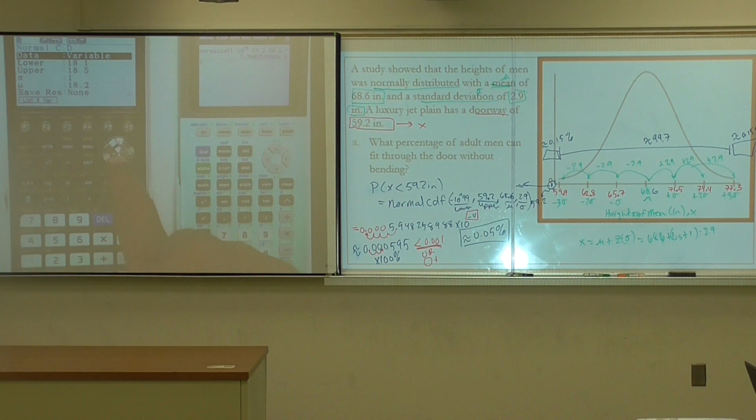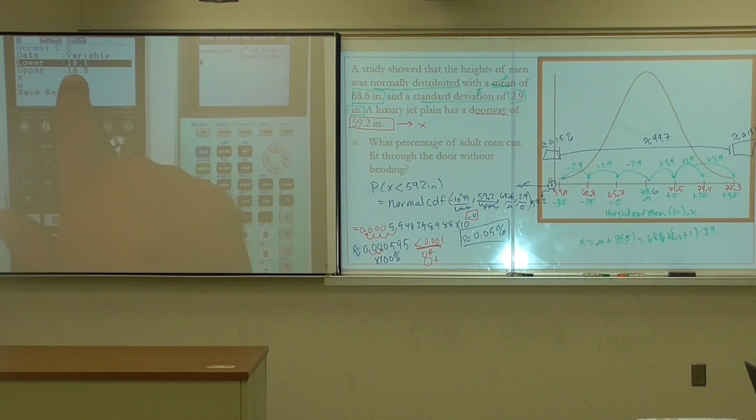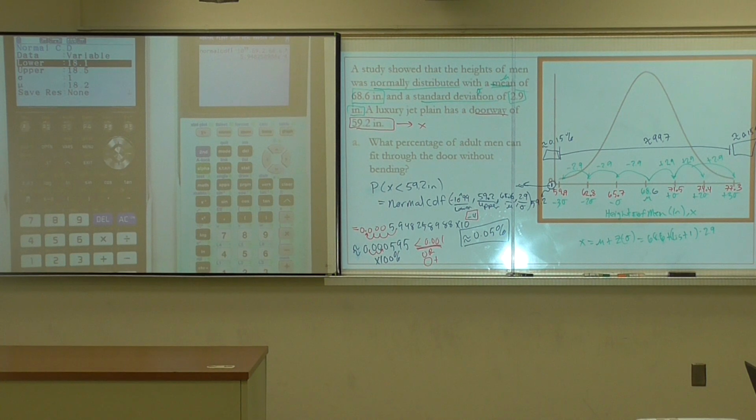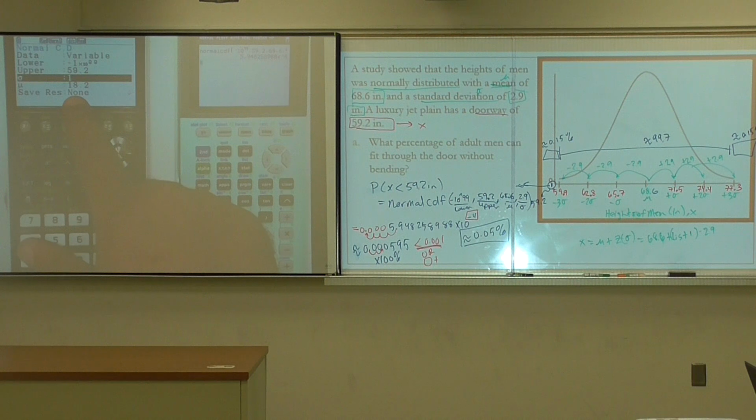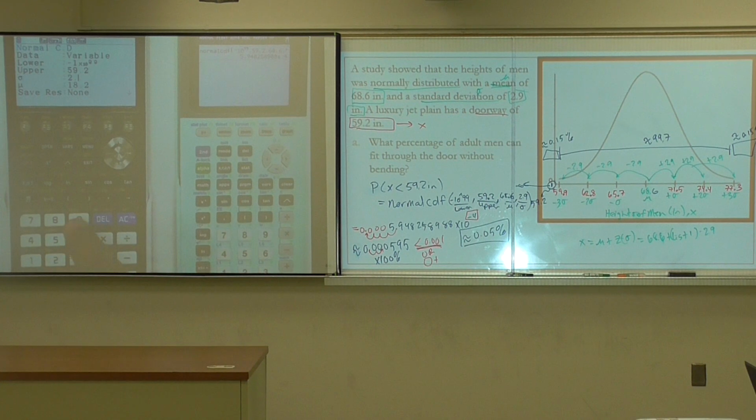Now put in the values. Lower is supposed to be negative 10 to the 99, so I'll put that in. The upper is supposed to be 59.2, so I'll put 59.2 right there. For standard deviation, I'll put 2.9, and the mean was supposed to be 68.6.